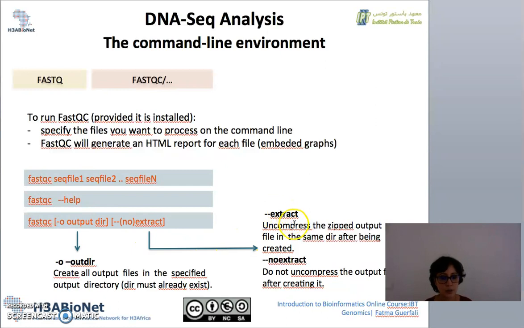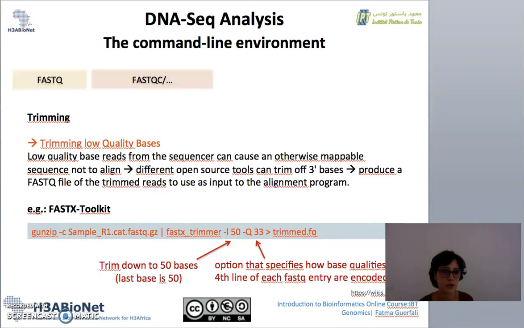The extract option would uncompress the zipped output file, for example. These are just examples of how to deal with FastQC. I just wanted to show you how easy the process is, provided that you have read the full documentation for that command and also the others.